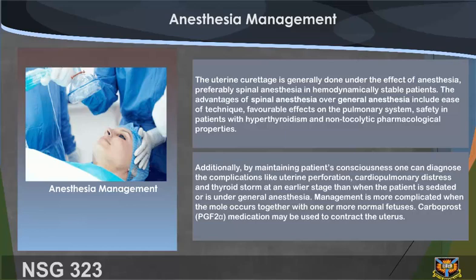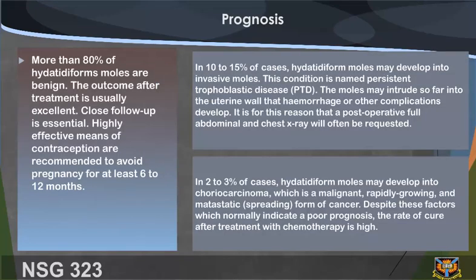Management is more complicated when the mole occurs together with one or more normal fetuses. Carboprost, PGF2A medication may be used to contract the uterus. Prognosis. More than 80% of hydatidiform moles are benign.